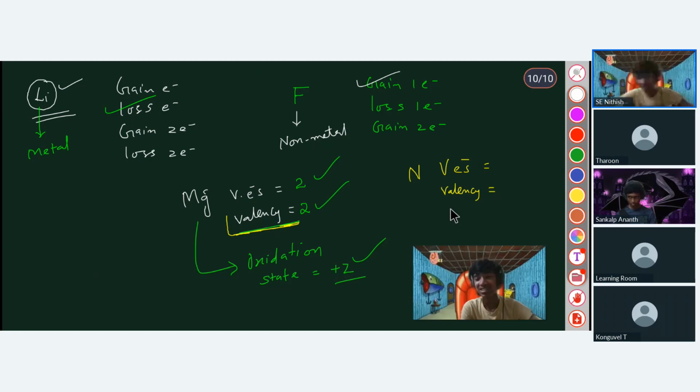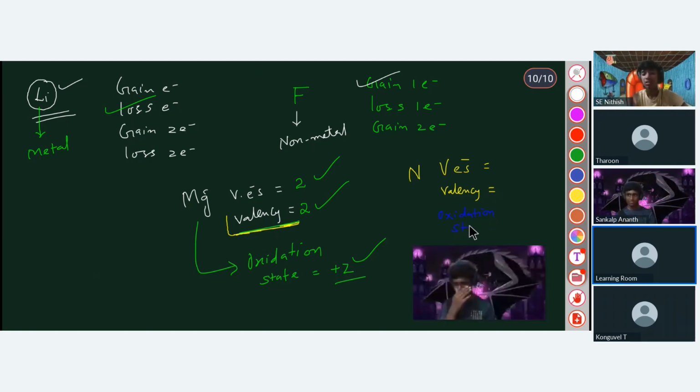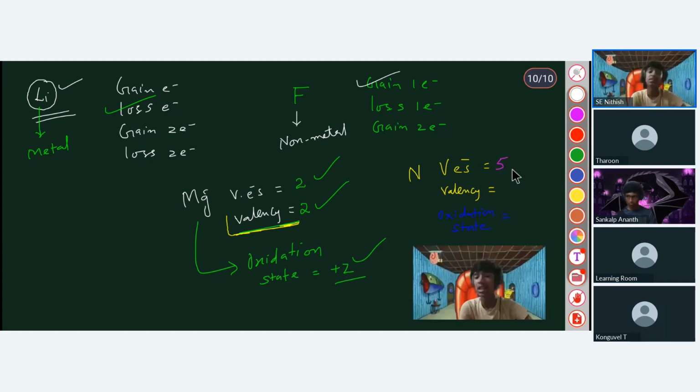So, valence electrons 5, valency 3, and oxidation state 3 minus. Exactly.